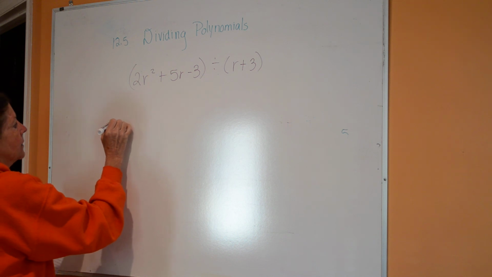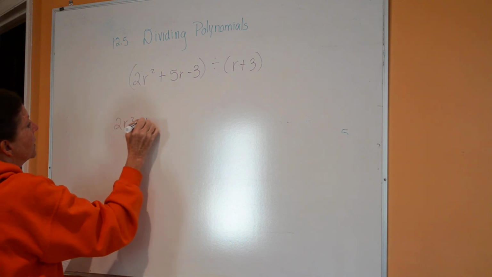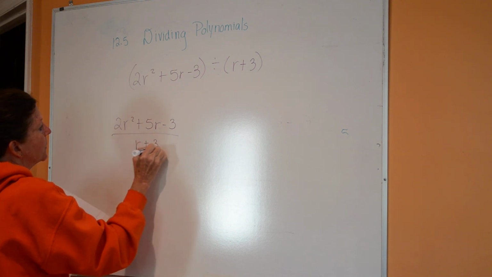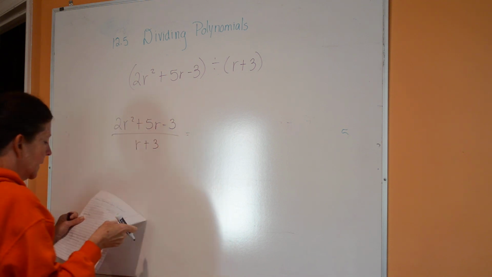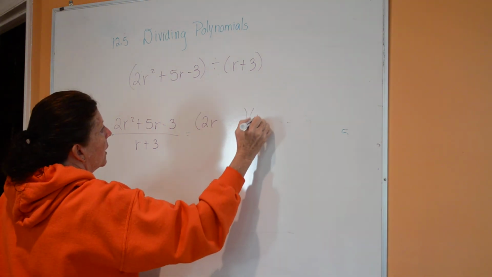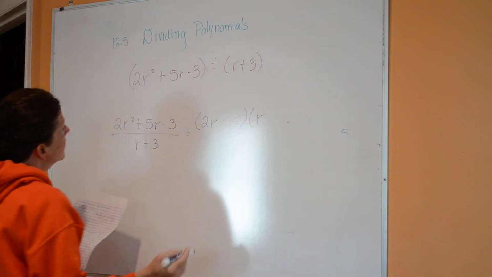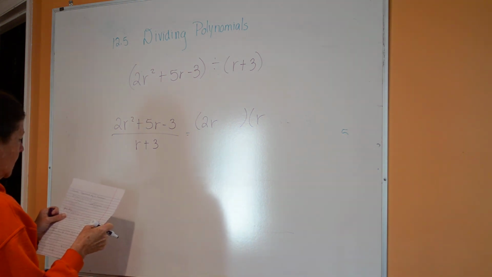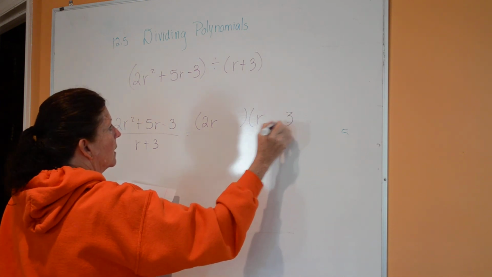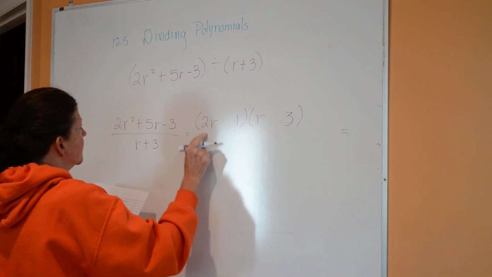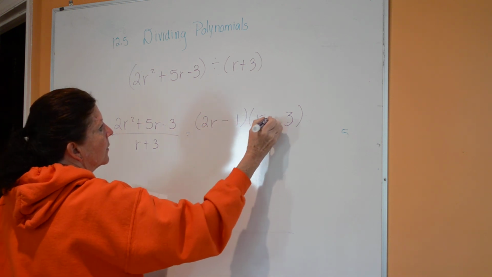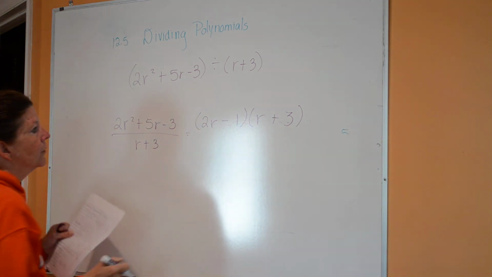All right, so I have 2r squared plus 5r minus 3 over r plus 3. I'm going to factor the top, and it factors into 2r and r, and let's say 3 and 1, because this is going to give me a positive 6, and as long as that's a negative 1r, that'll work.